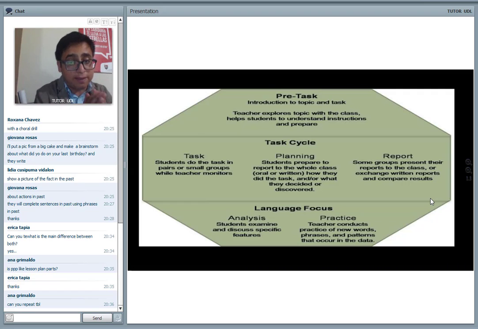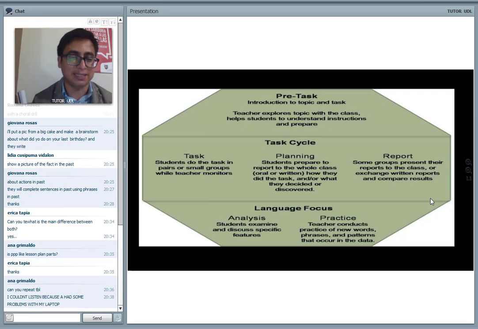So they have to get together in order to do the task. So when they get together, of course, they need planning. Here, students prepare to report to the whole class. It can be orally or written form, how they did the task, what they decided or discovered, right? So, and finally, in the second stage, you have the report.